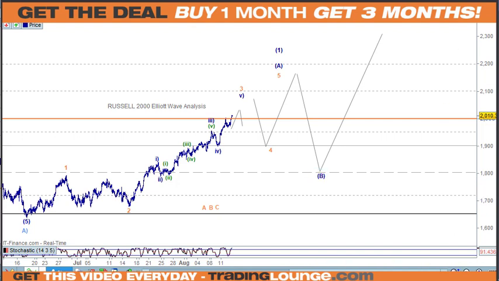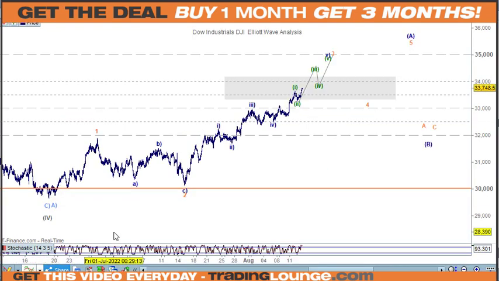So that's that, and the DJ is much the same as well, looking at that as 1 and 2 here, and 1 and 2 and 3. Once again, the third wave here is just really short. I must have it counted wrong, but I can't see it because the only other way, that's 1, 2, 3, 4, 5 for 1 and 2, and then 3.